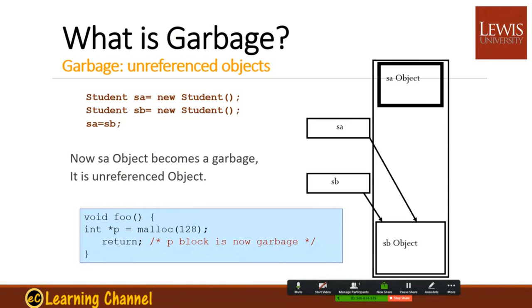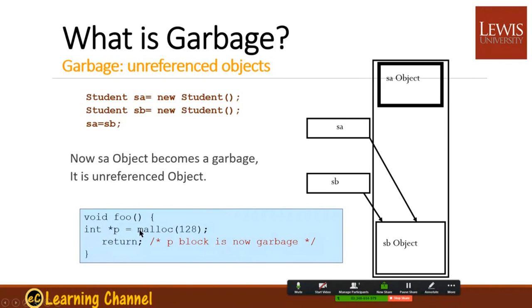So you can create new students SA and SB, and then you assign SB's value to SA. Then the object that was originally referenced by SA now becomes garbage. And this garbage actually will have to be handled. Otherwise, your memory will be full of garbage that is actually unused.